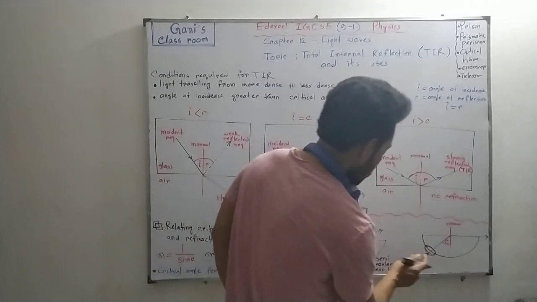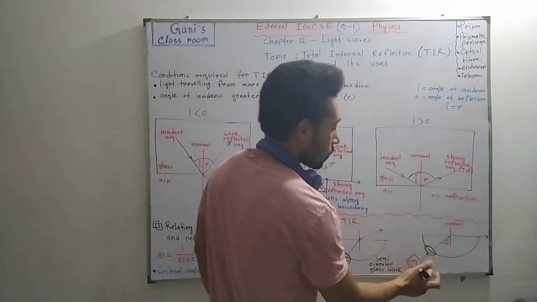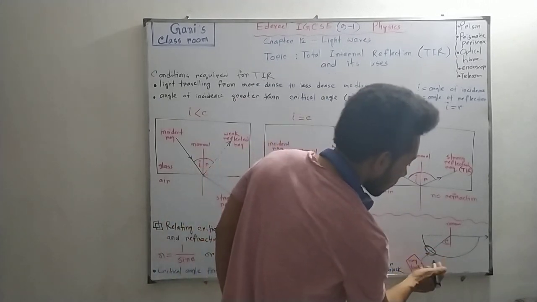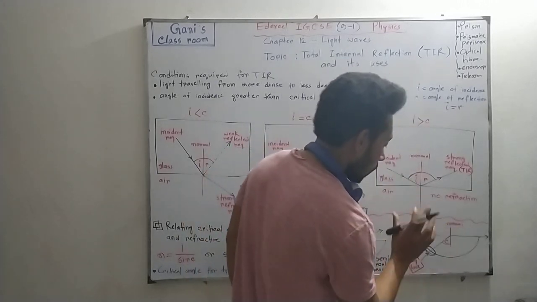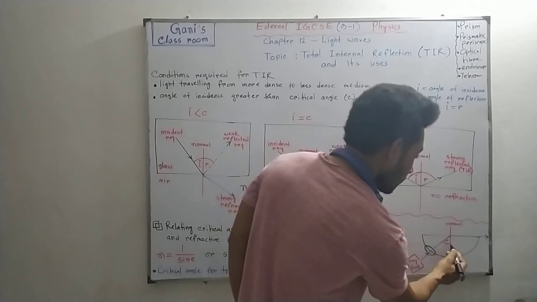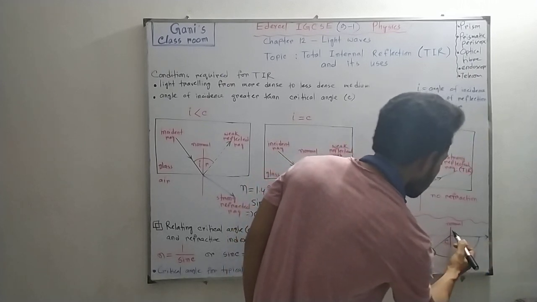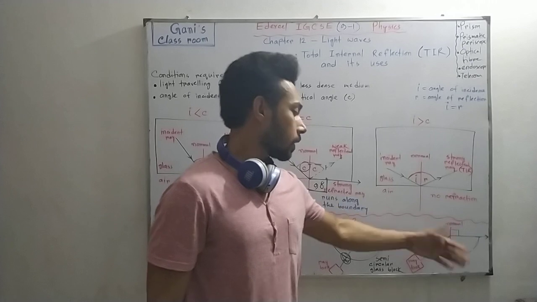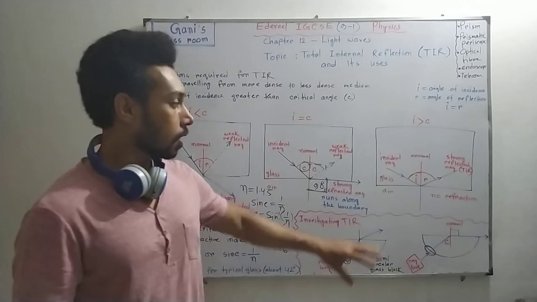Find the smallest angle for which the refracted ray runs along the boundary. That means the angle of refraction will be 90 degrees. This is the critical angle. This is how the critical angle can be investigated.